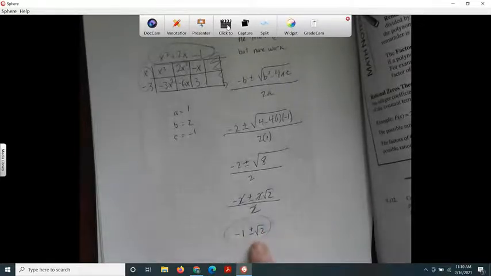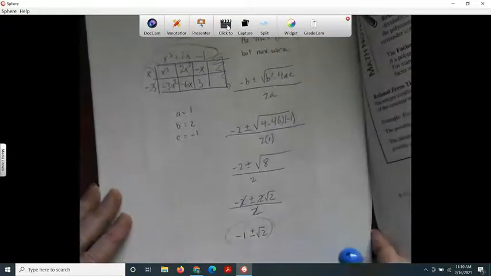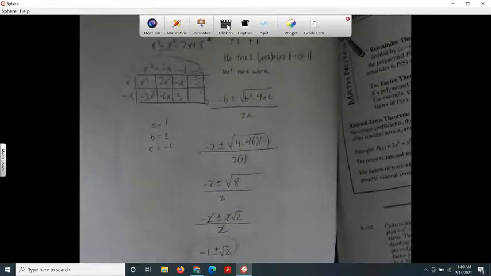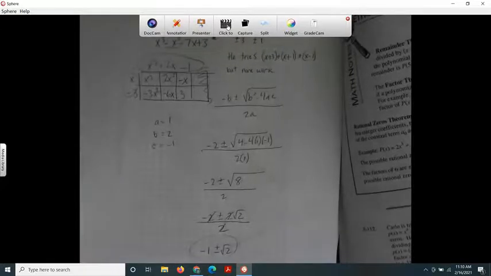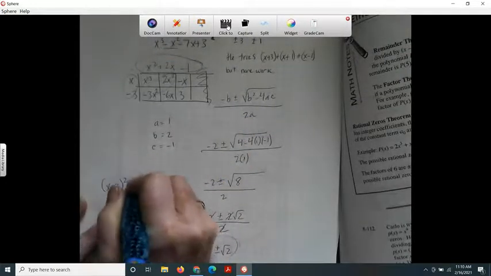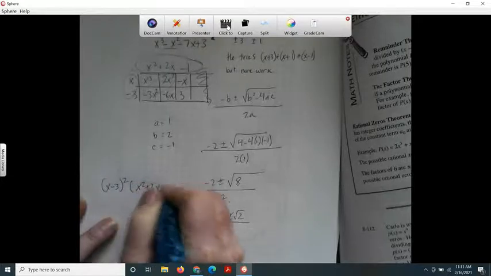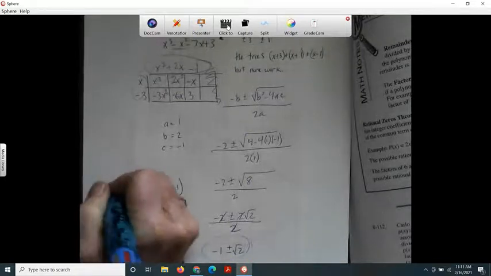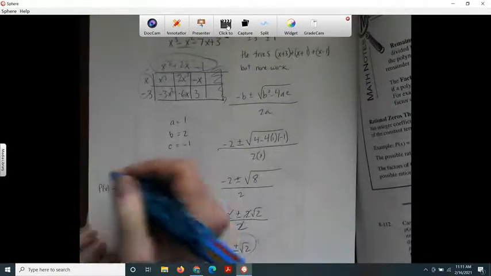So I'm supposed to finish the problem. I'll write it in factored form, and then letter B said complete the problem.